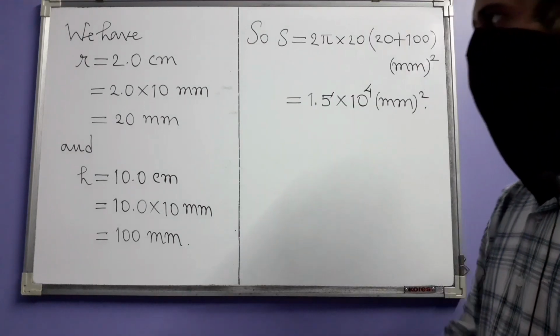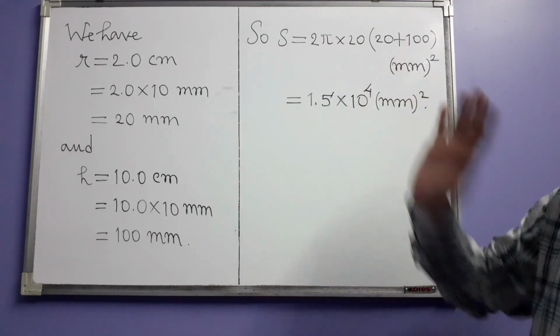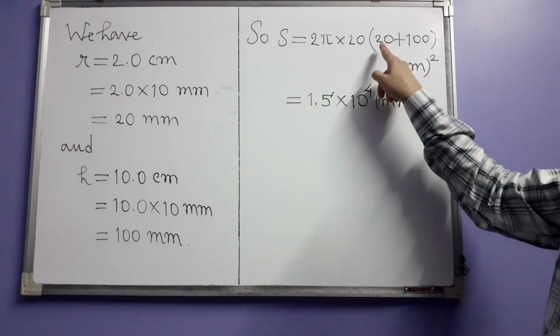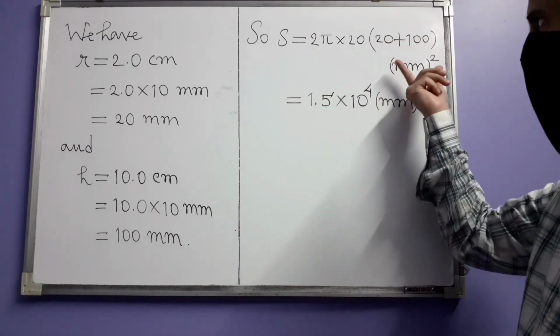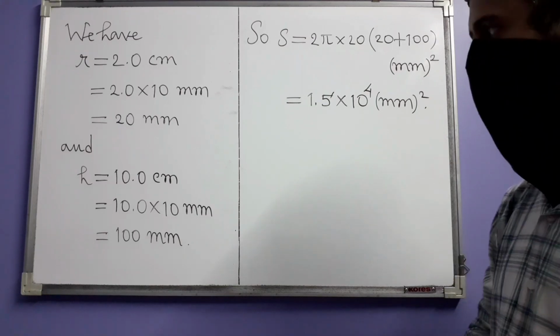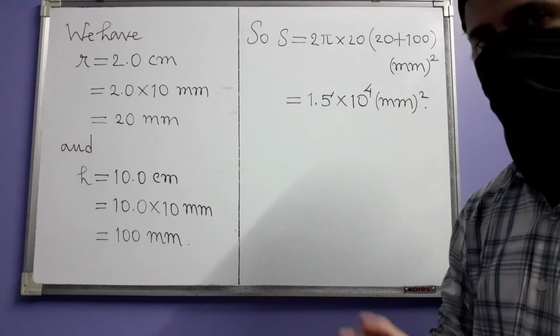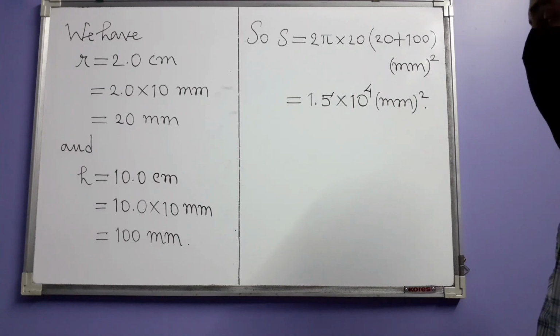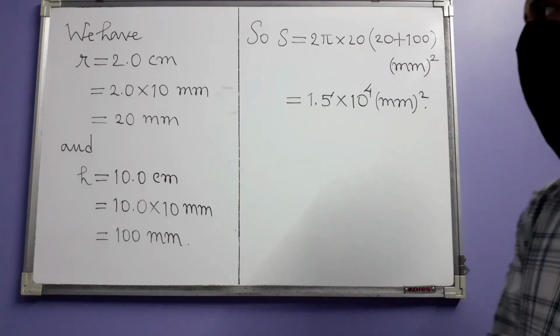Okay, so you use these values in your formula for area, 2 pi times r plus h. So now the unit is square millimeter because the original lengths have been converted into millimeter, and then you calculate the value.